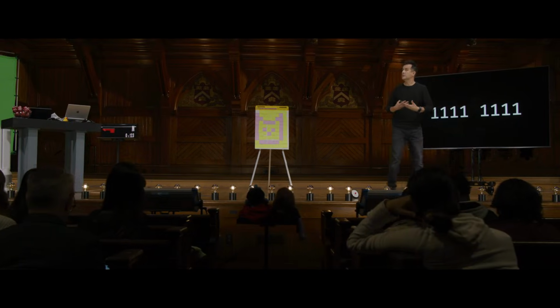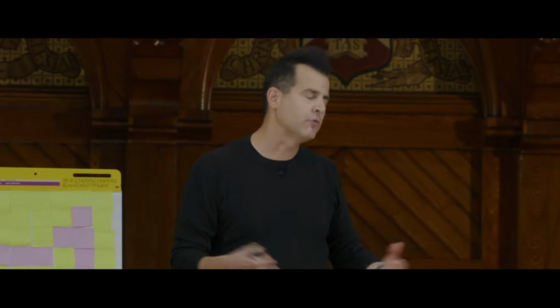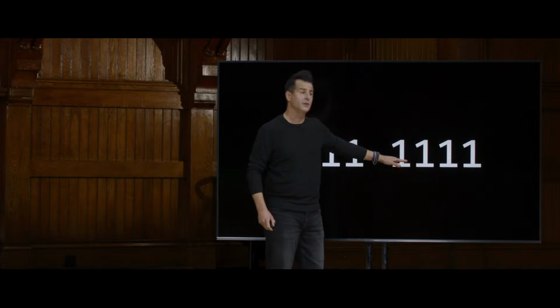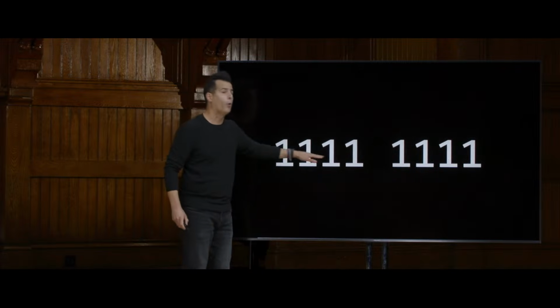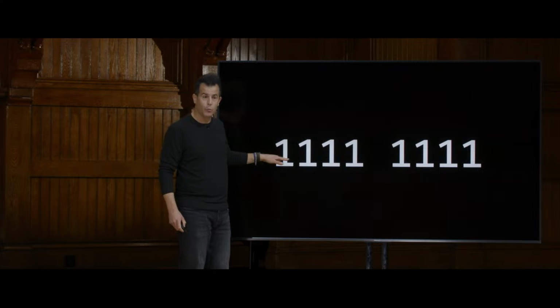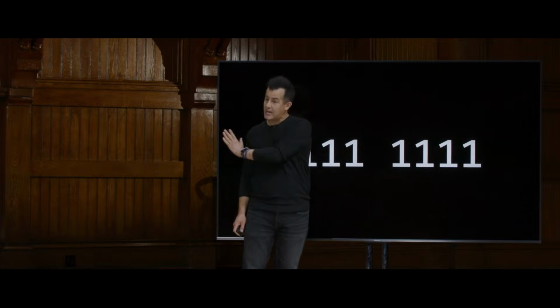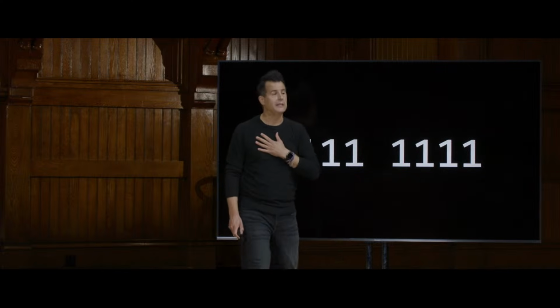But of course, I've claimed in the past that it's super common to use 8 bits at a time, or 1 byte, to represent any value, because that's just a very useful, common unit of measure. And so in hexadecimal, if you wanted to represent 4 1s, you can say f. If you want to represent another 4 1s, you can just say f, which is to say that f and f together is the same as 8 1s together, which is how we finally get to the total number of 255.